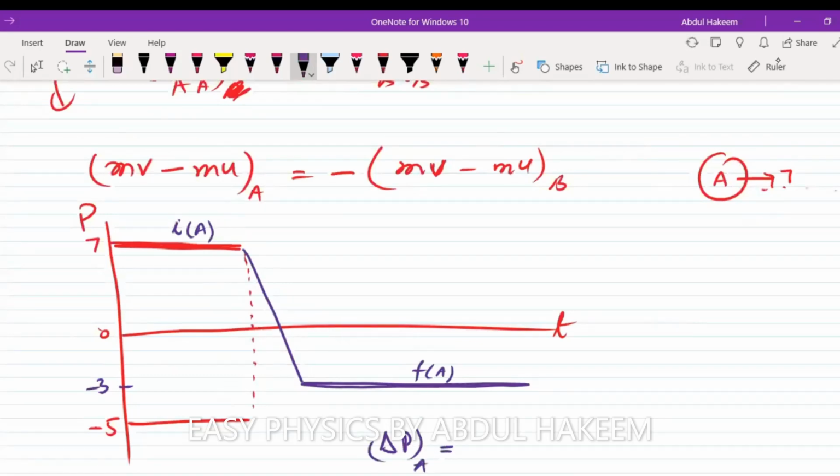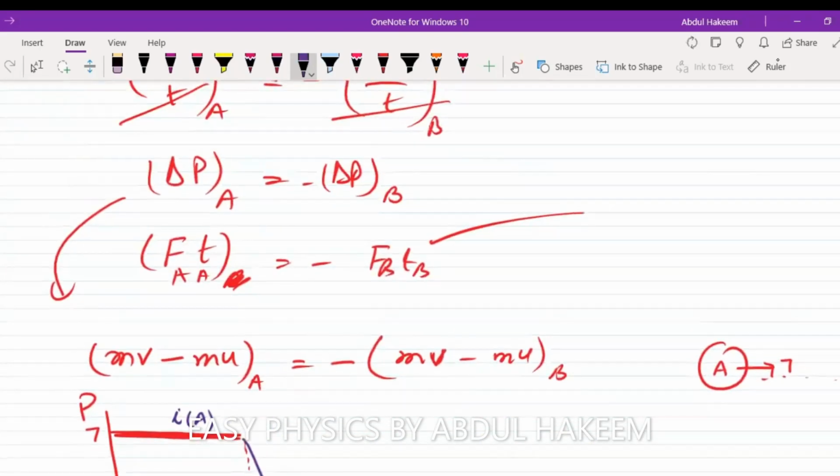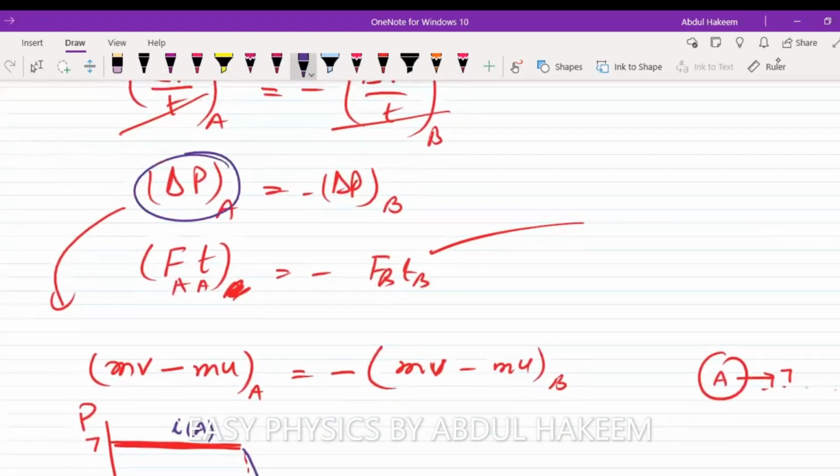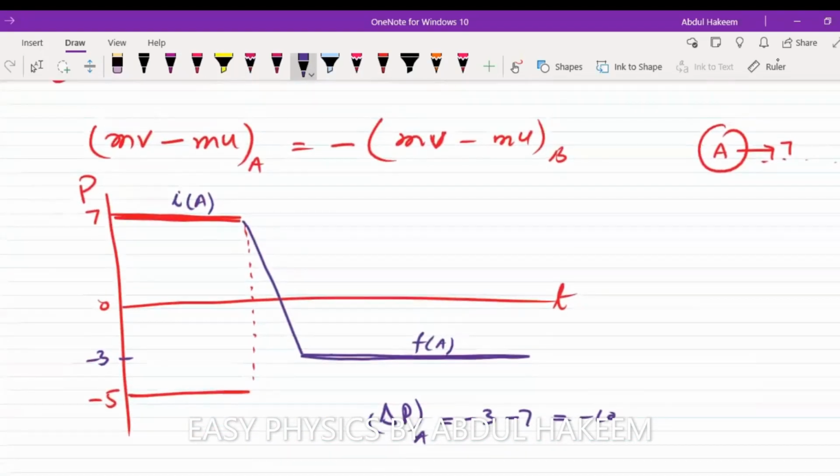The change of momentum of A, final minus initial, mean -3 minus 7 is -10. Now, according to Newton's third law, the change of momentum of B must be equal but opposite in direction. So after the collision, the momentum of B must be positive and 5 in magnitude.